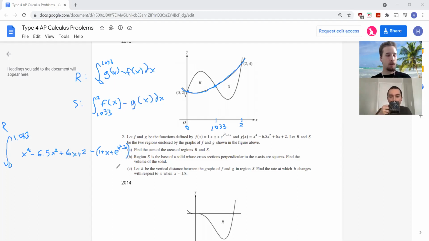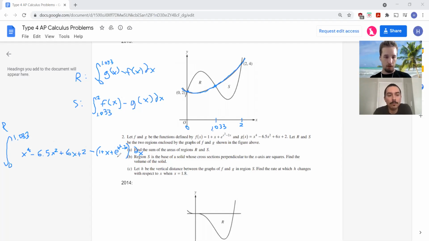So you're just substituting in your g of x and f of x. And so for S, you're just doing the opposite, right? You're putting in f of x and then subtracting g of x. So you can actually put this into a calculator and it will do it for you.